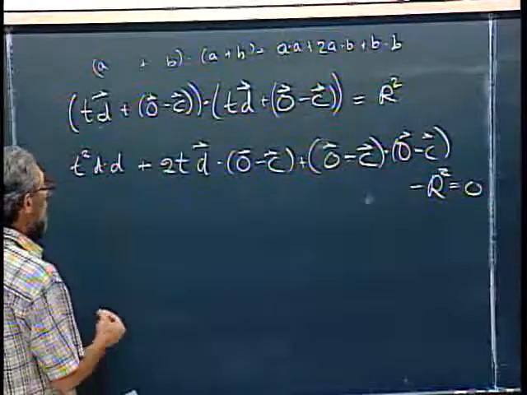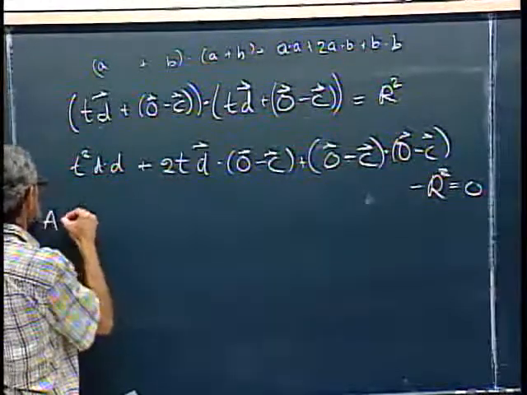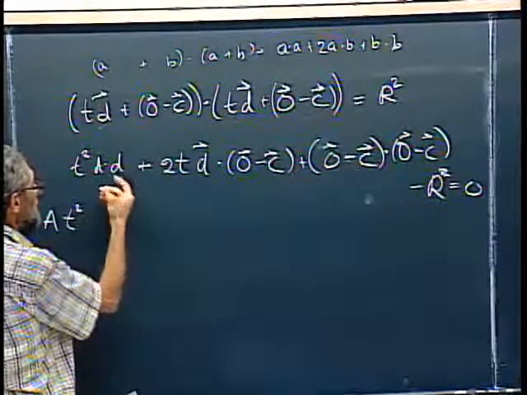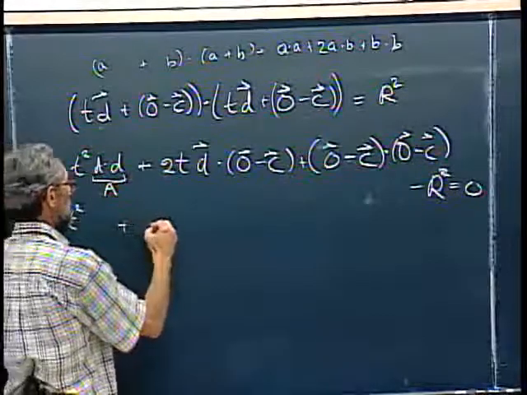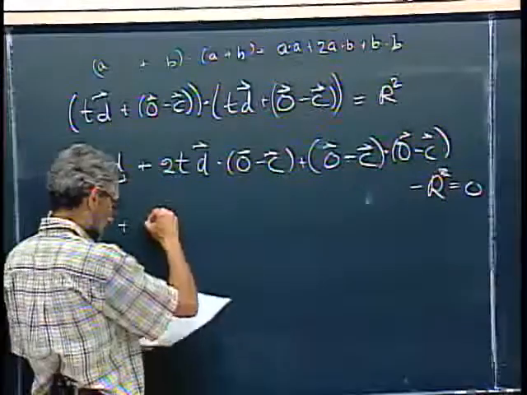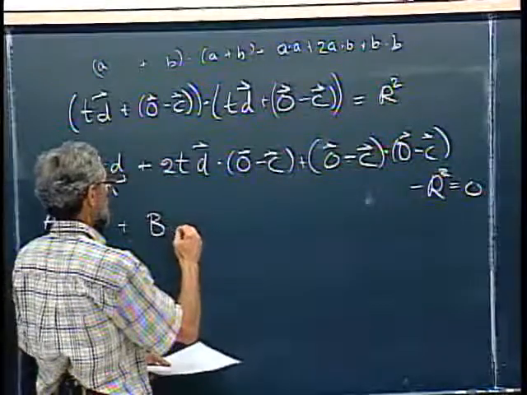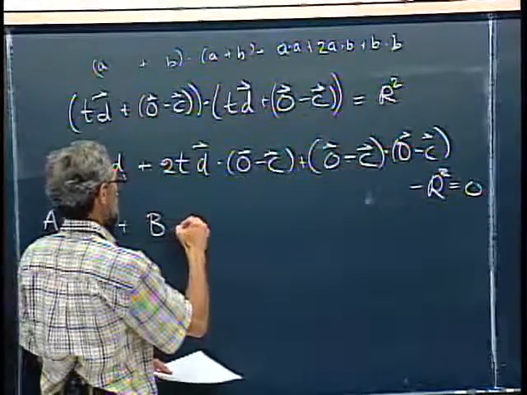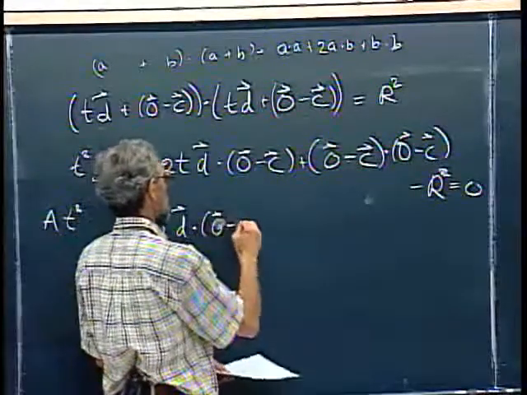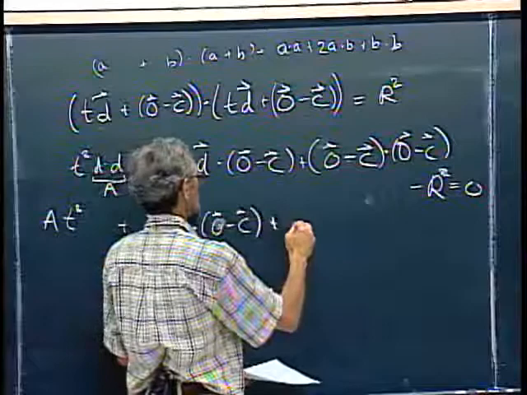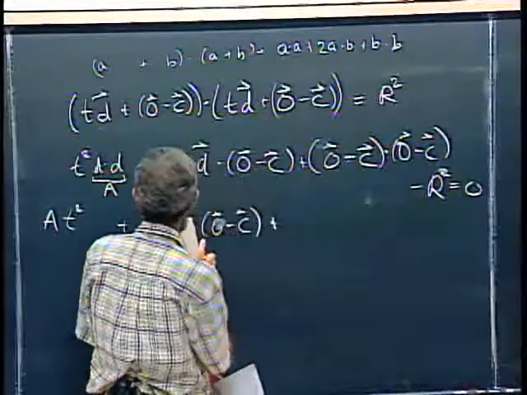And so I can say this is a t squared. This d dot d is a scalar, so this much is my a, plus, do I want to keep the 2 in there? Maybe not. B times d dot (o minus c). Plus, I didn't want to do that, did I? I just wanted to keep it d just times t.